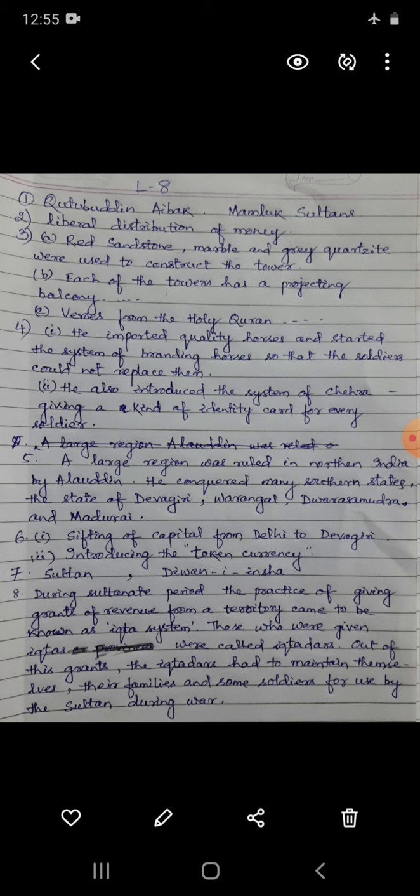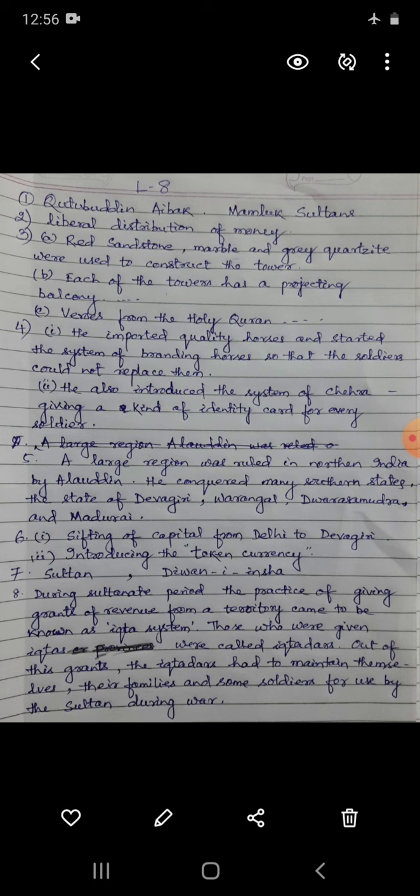Then the second answer, you have to write the department which dealt with the correspondence during the Sultanate period. Diwan-i-Insha was the department which dealt with the state correspondence during the Sultanate period.